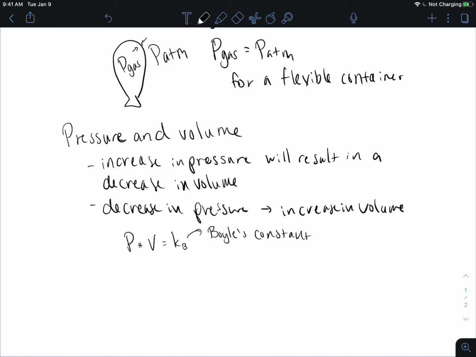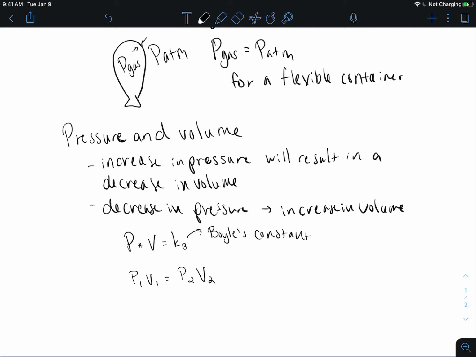So if we keep the same gas, we don't change anything about it, we don't change the temperature, and we don't change the number of moles, then our Kb will stay the same. It's a constant. So we'd say that P1V1 would be equal to P2V2. So if we change the pressure, we can calculate the volume of that gas. So as we increase the pressure, we will decrease the volume and so on and so forth.